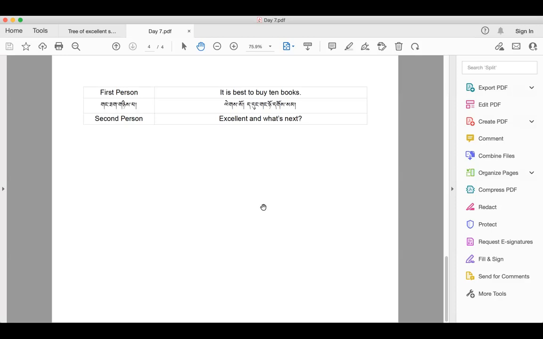So the first one is how many momos will you eat? The second one is how many momos are you able to eat? So how many momos will you eat? And the second one is how many momos can you eat?